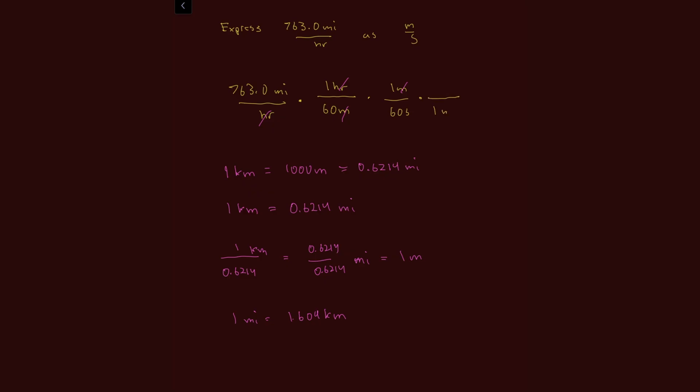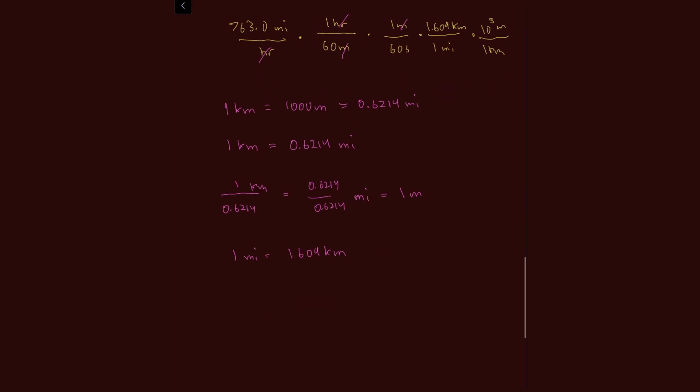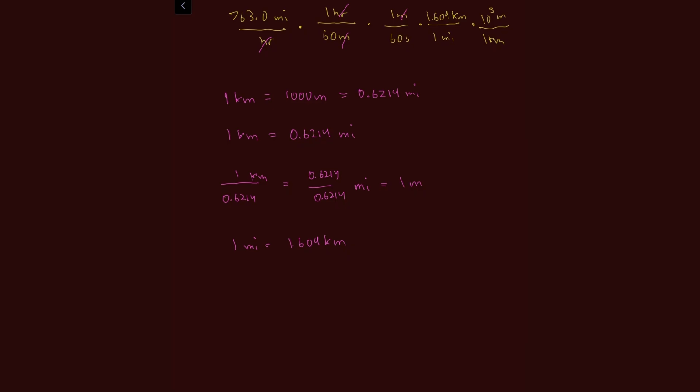We're going to multiply 1 mile by 1.609 kilometers. And we know that 1 kilometer is equal to 10 to the third meters. And as you can see, the miles cancel out, kilometers cancel out, and we're left with meters.